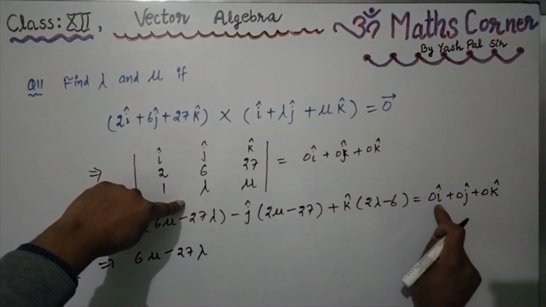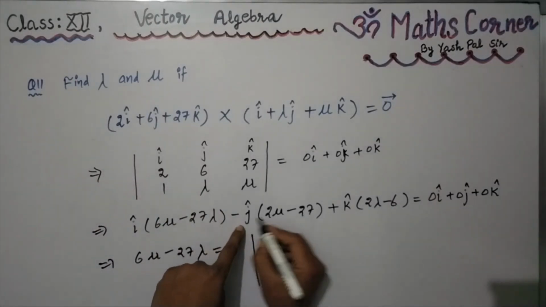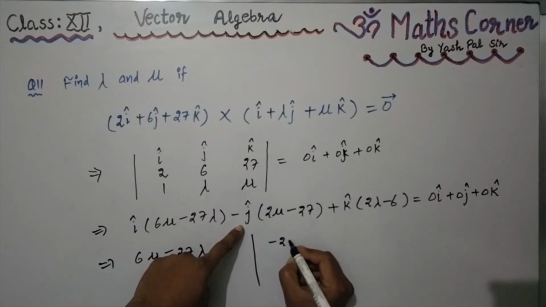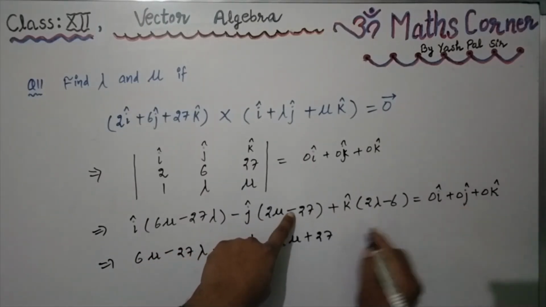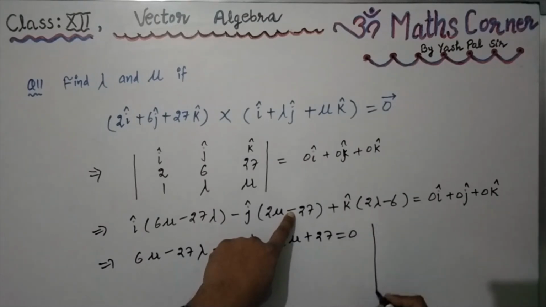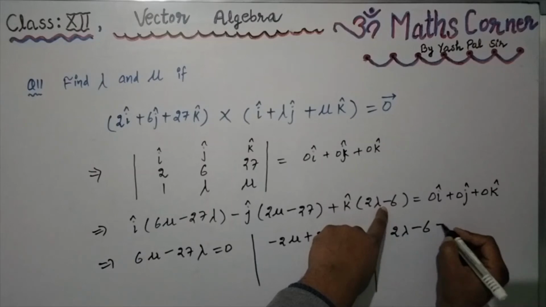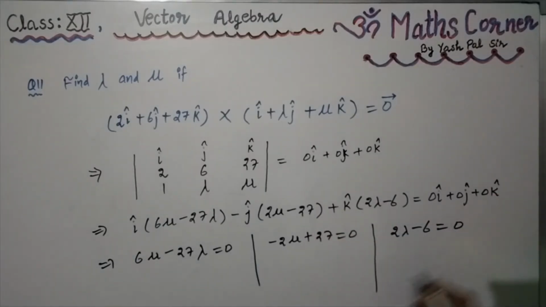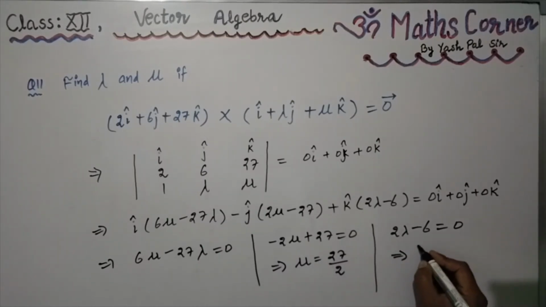Now equating them, the coefficient of i is 6 mu minus 27 lambda, and the coefficient of i is 0. The coefficient of j is minus 2 mu plus 27, and the coefficient of j is 0. The coefficient of k is 2 lambda minus 6, and the coefficient of k is 0.